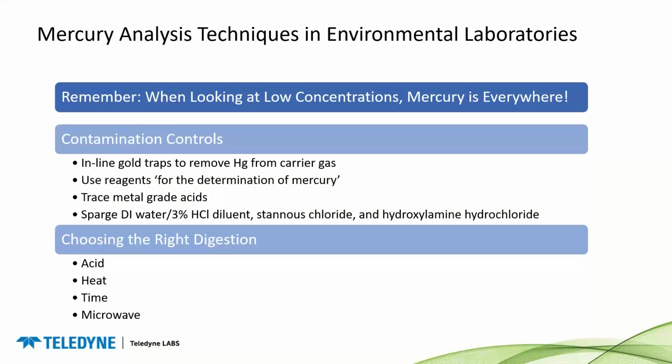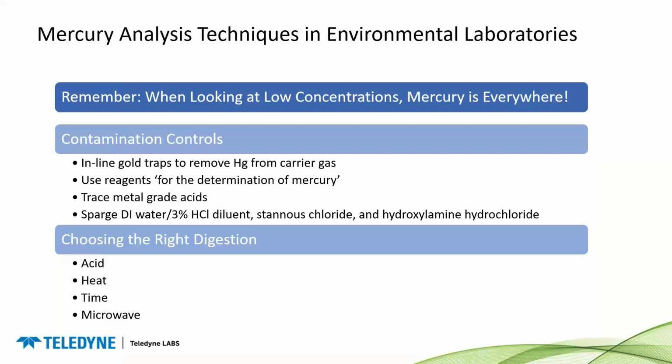And it's important to remember that when you're looking at low concentrations, mercury is everywhere. So some helpful tips for low-level mercury analysis include contamination controls, and also choosing the right digest is important. So for contamination controls, in my lab I use in-line gold traps that can remove mercury from the carrier gas, also from the gas that I use to sparge my reagents.